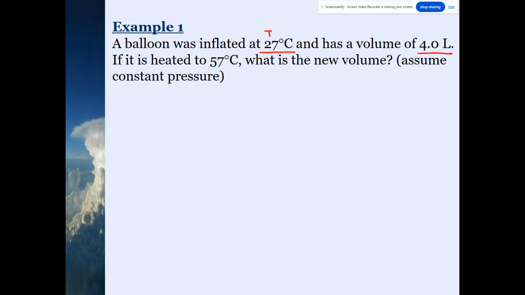That is my T1, except I need to convert it into kelvins, so I need to add 273.15. And this will then be my V1, my volume at that temperature. It says it's being heated, so for my T2, again, I add 273.15 kelvins. What is my new volume?